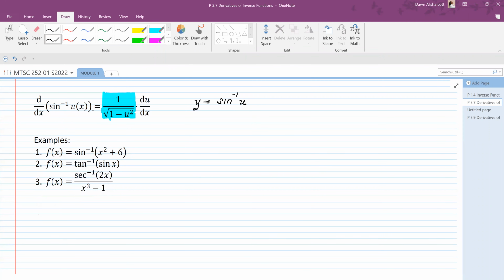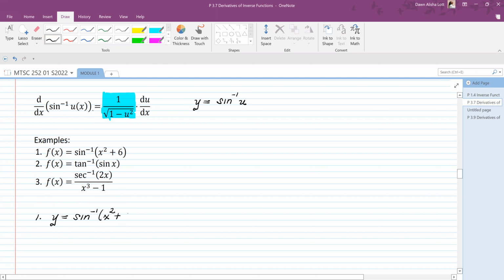So I have a couple problems here. The first one, when using the chain rule, is the sine inverse of x squared plus 6. If you want to do it the way I did the other problems without using the formula, you have y is equal to the sine inverse of x squared plus 6. So therefore u is equal to x squared plus 6, and y is the sine inverse of u. So now I need the derivative of that.